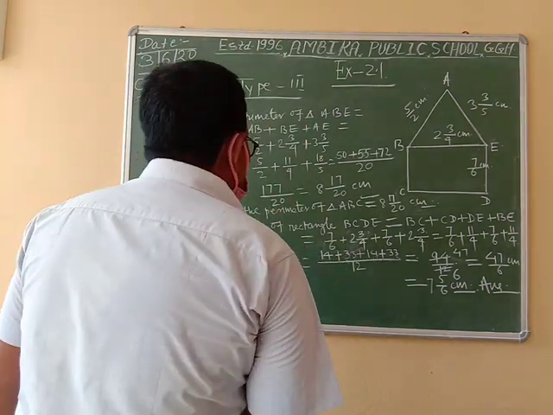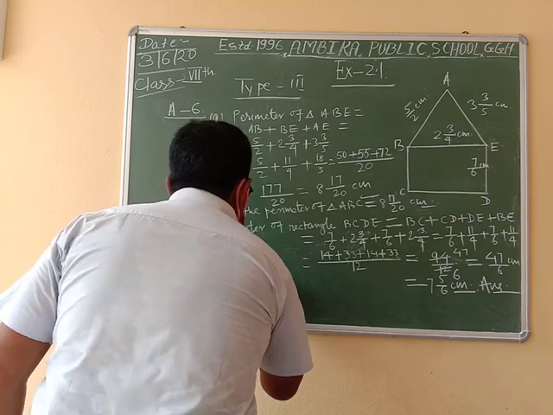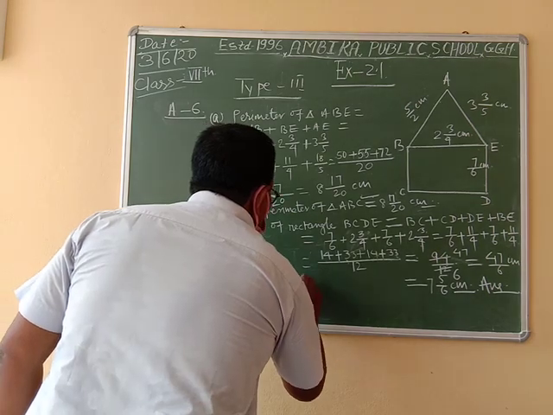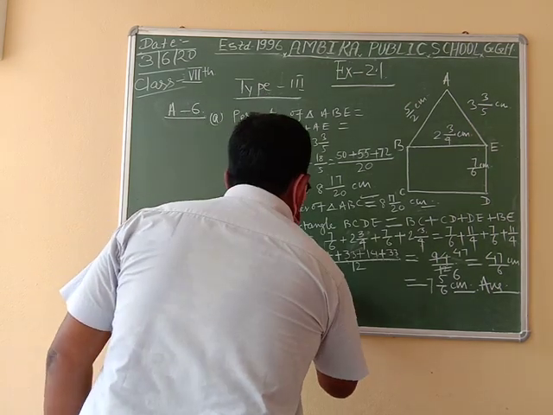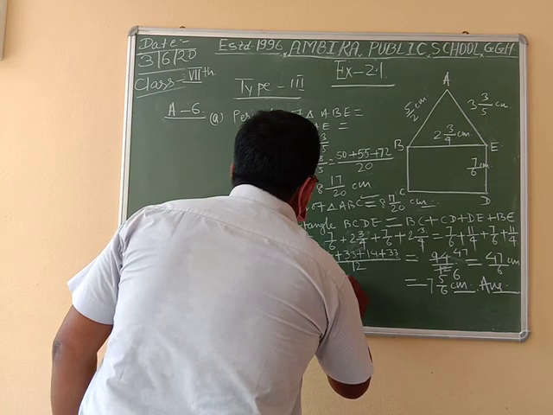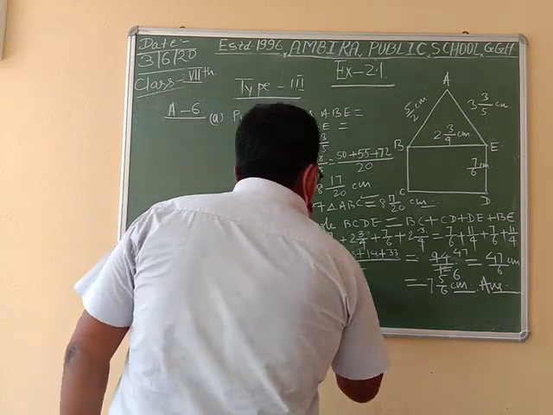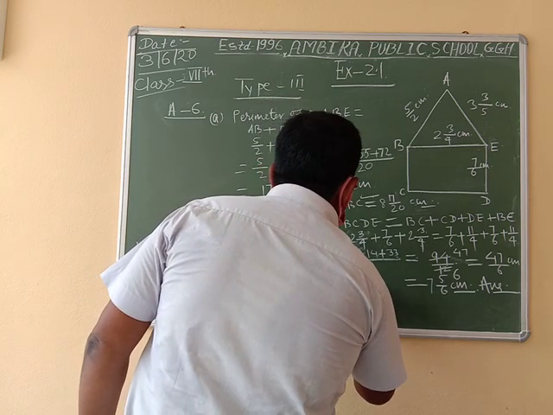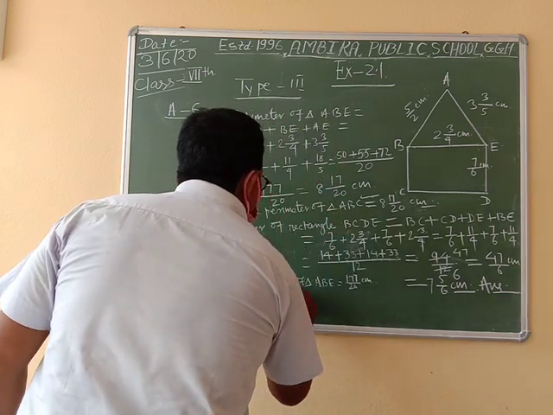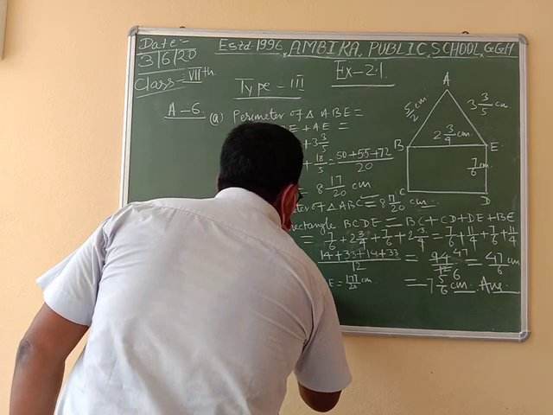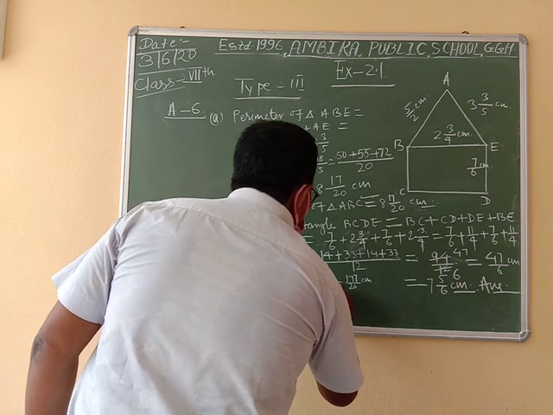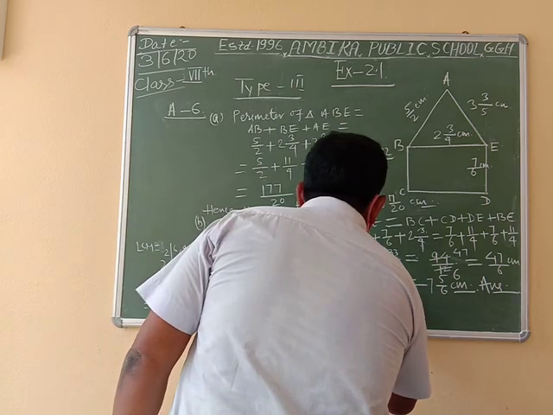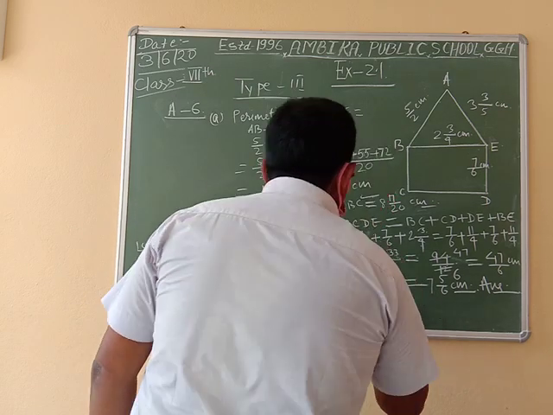Here the perimeter of triangle ABE is equal to 177 by 20 centimeter, and the perimeter of rectangle is equal to 47 by 6 centimeter.